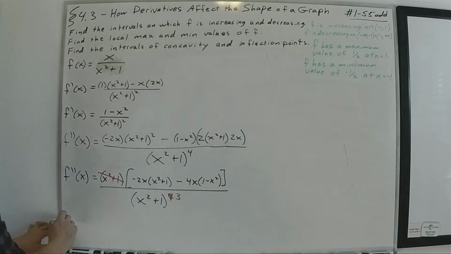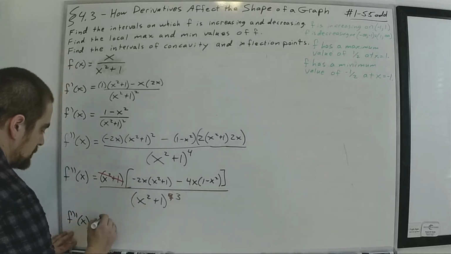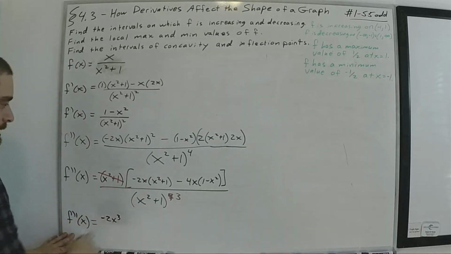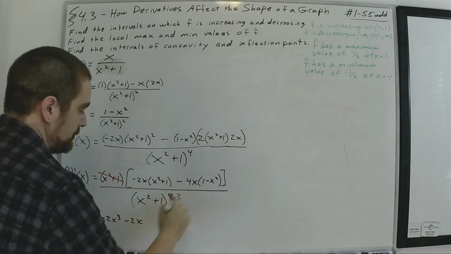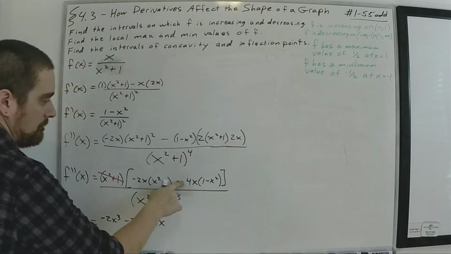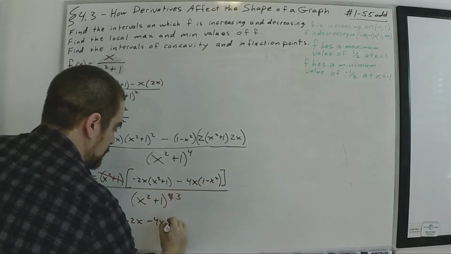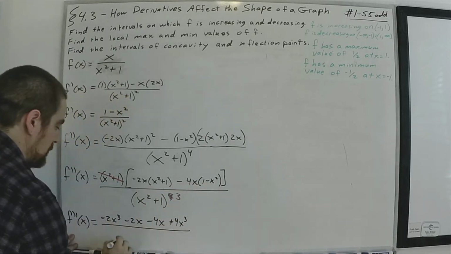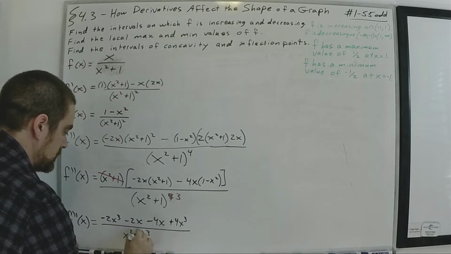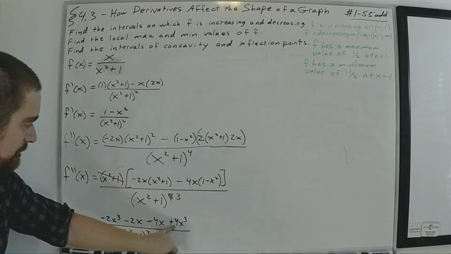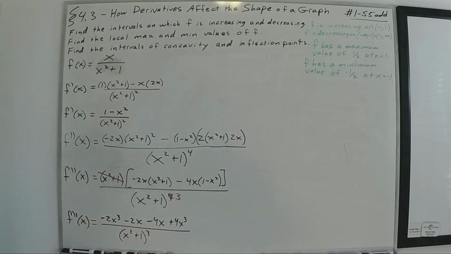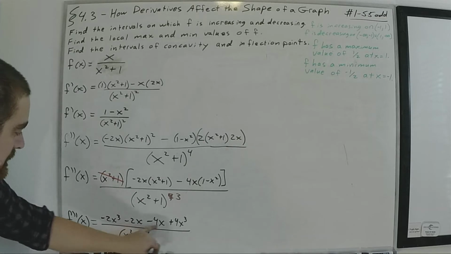So that means I'm dealing with f double prime is equal to, here's negative 2x cubed minus 2x minus 4x, minus minus is plus 4x cubed, all over x squared plus 1 quantity cubed. So now I have negative 2x cubed, positive 4x cubed, that's 2x cubed, and I have a negative 6x when I combine these two.